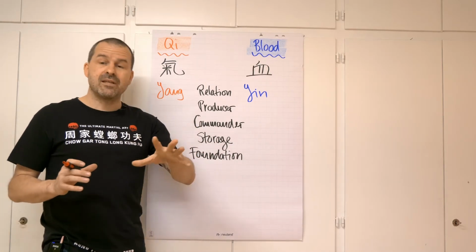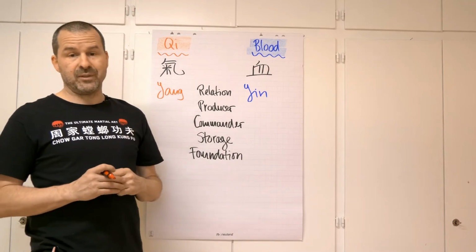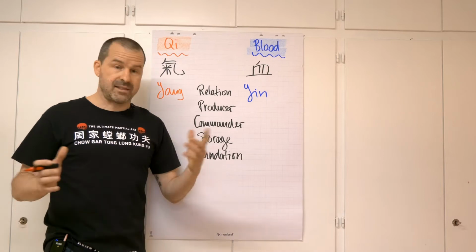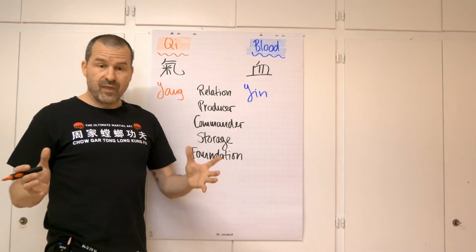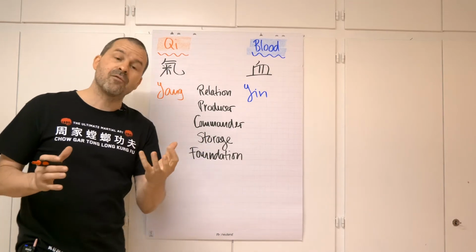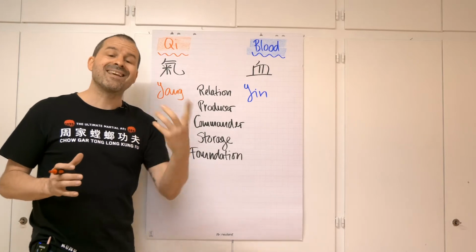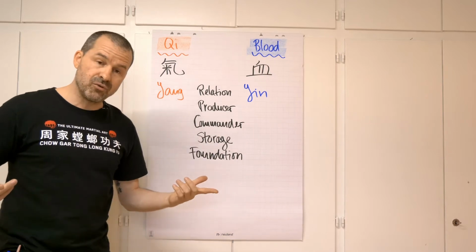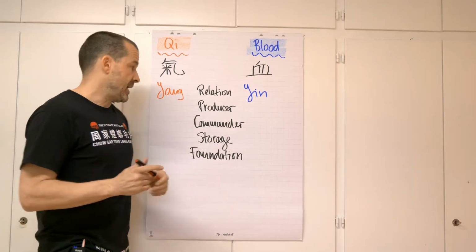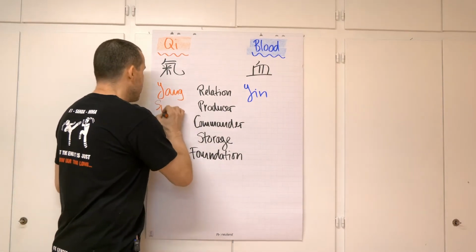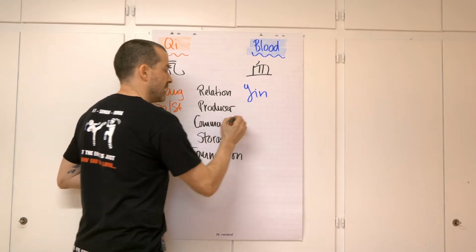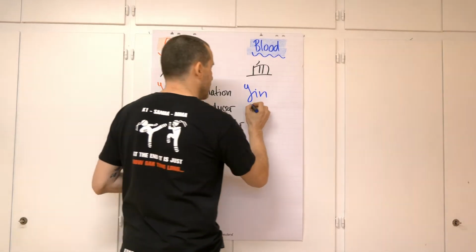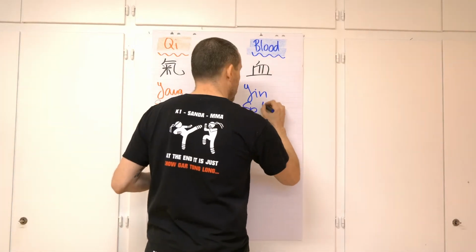So we take out the proteins, the vitamins, the fats, everything we can get from our food and water. So it's the beginning of the cycle to produce qi and blood. And that's the reason why we say spleen and stomach are the producers of both qi and blood.